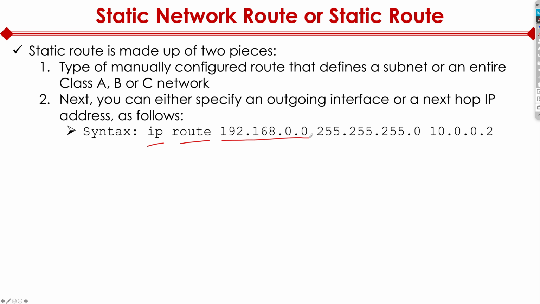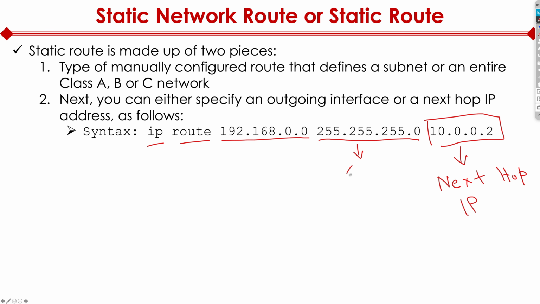We specify the network, then the subnet mask of that network, and then finally the next hop IP address. This is the subnet mask, this is the network address, and these are the keywords, ip route. And that's how we create a static route on a router.